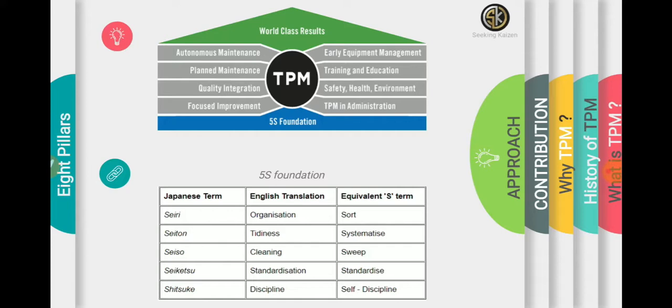We need to create a discipline here. We need to ensure the standards are regularly applied. So now we can understand that in a clean and well organized work environment, tools and parts are much easier to find. It is much easier to spot emerging issues such as fluid leaks, material spills, metal shavings from unexpected wear, hairline cracks in mechanisms, etc.